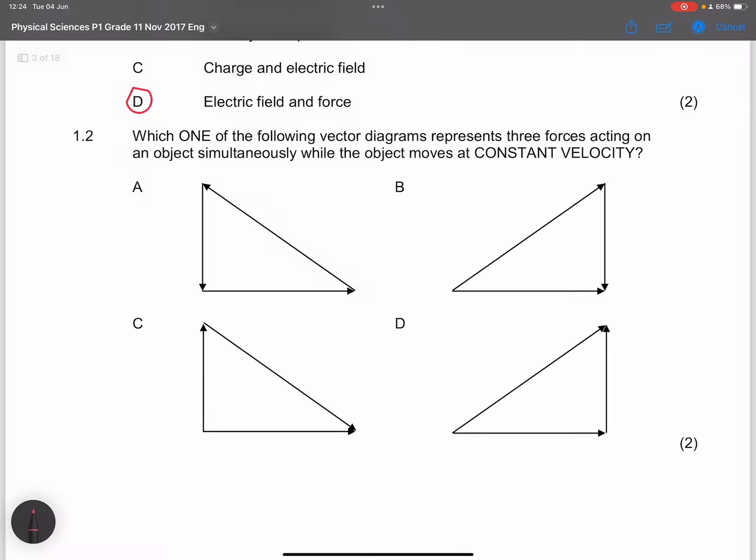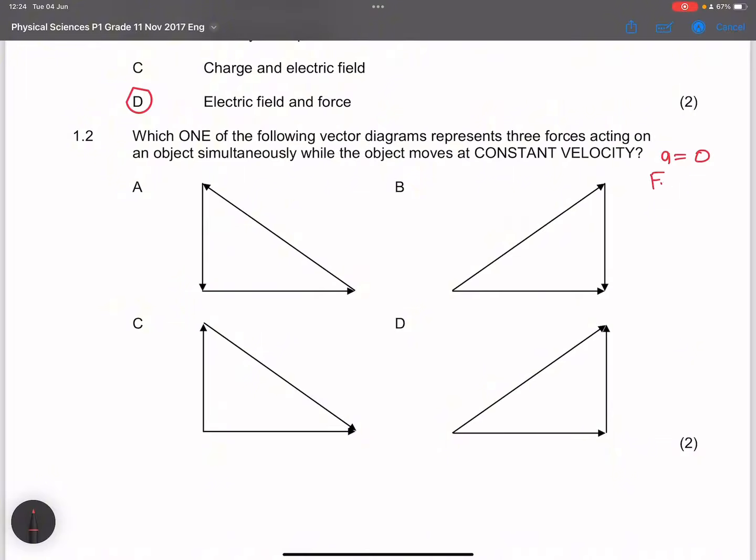They say which one of the following vector diagrams represent three vectors acting on an object simultaneously while the object moves at constant velocity. Remember that constant velocity means that acceleration is 0, and that means that the forces must be at equilibrium.